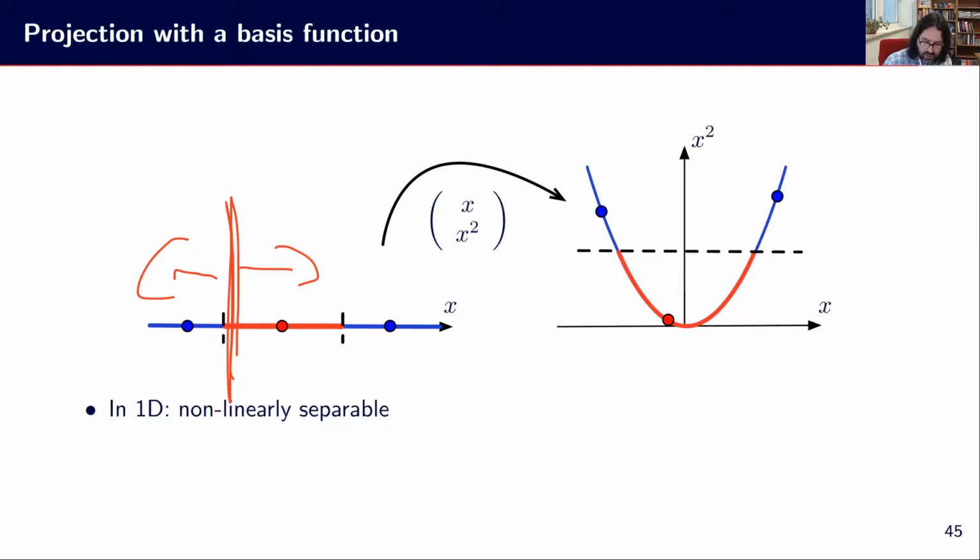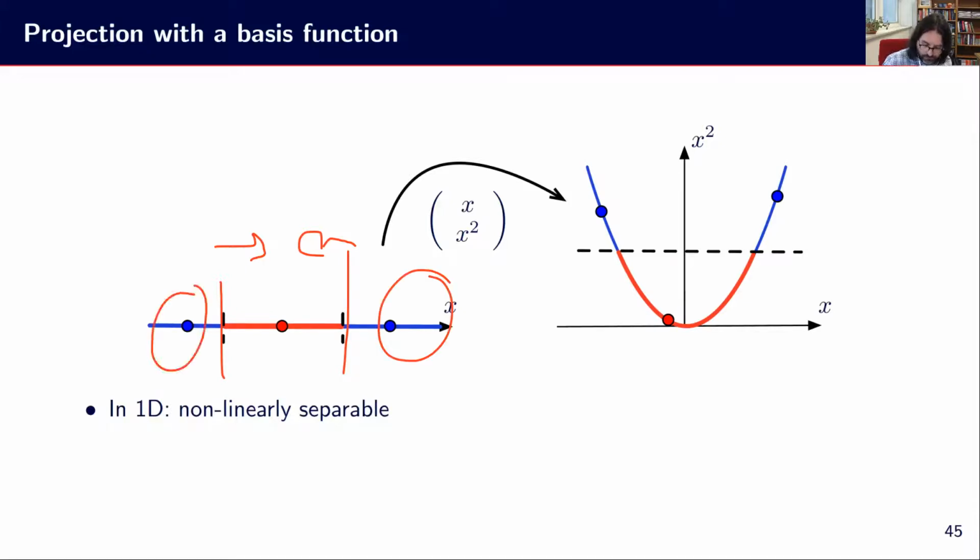We can see that it is not possible with 1 threshold to correctly classify these samples. If we split this way, red and blue, this one is misclassified. Likewise, if we split that way, blue and red, this one is misclassified. There are no thresholds available that will correctly classify our data. In fact, we would need 2 thresholds: when it's over that value but less than that one, it is class red. Elsewhere, it is class blue.